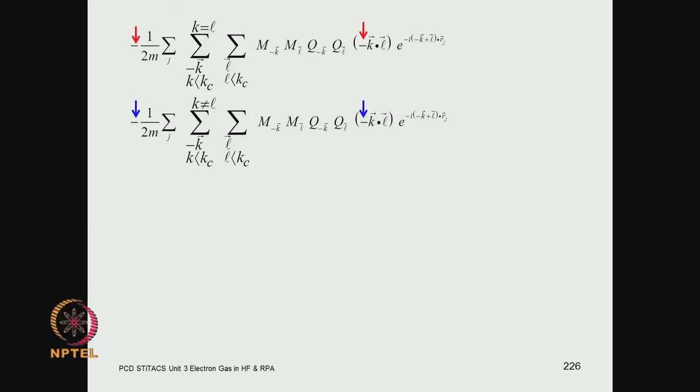Now, notice that there is a minus sign here and a minus sign here. So, these two minus signs will give a plus sign for the first term. Likewise, there is a minus sign here and a minus sign here. So, again you get a plus sign. What else? You have L equal to k over here, so you will get k dot k. So, you get a k squared.